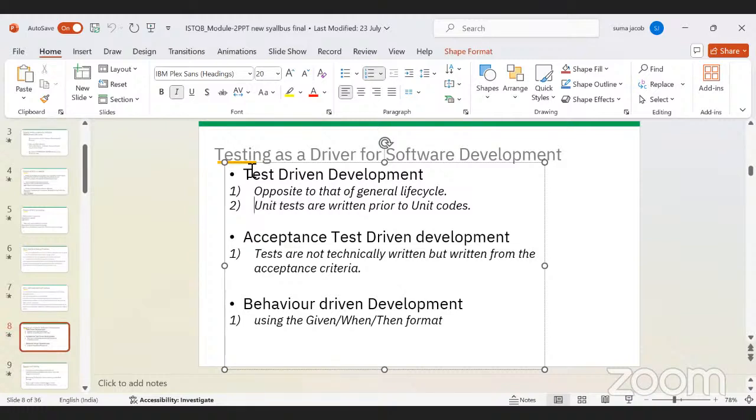Whereas in test-driven development, just the opposite of the general life cycle happens. The unit tests are written first and then the unit codes are written. So TDD is an approach where the unit test cases are written prior to the unit code.